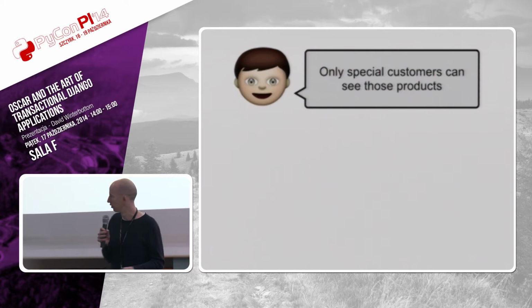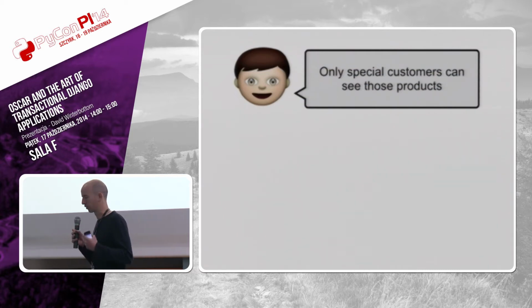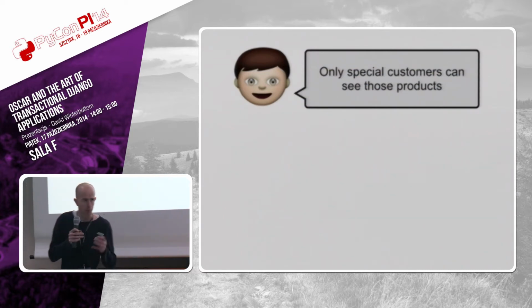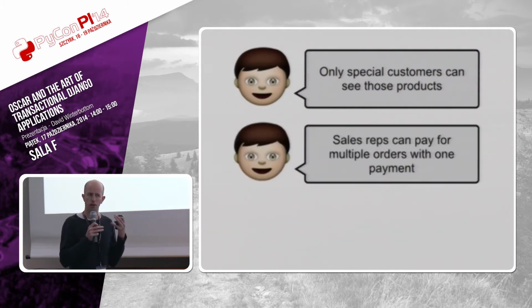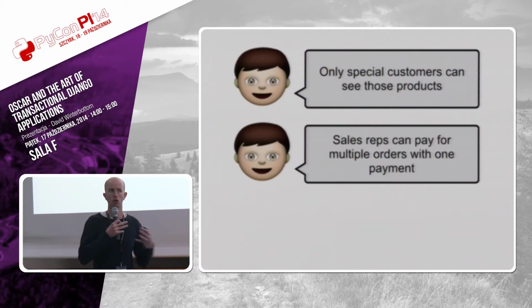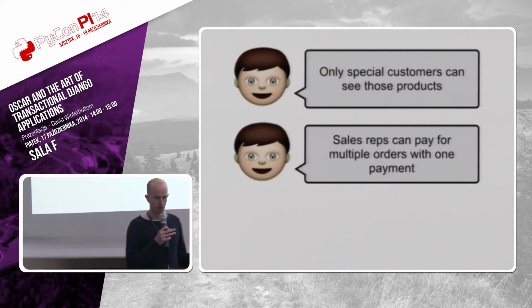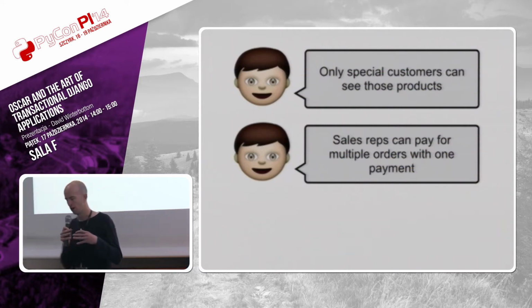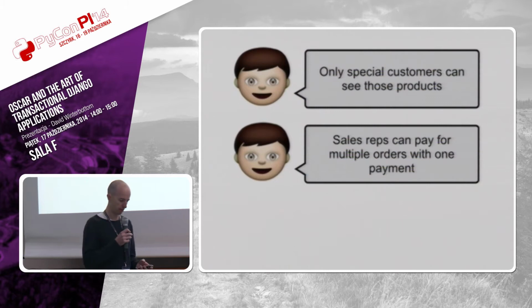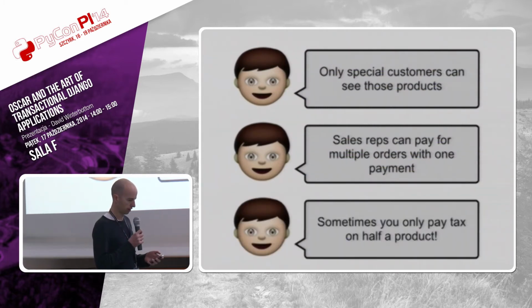So they might ask for specific rules about who can see and do specific things within the site, or especially once you start doing B2B sites where you're not selling to customers directly, it's internal within a business. Then you enter a whole world of different rules about how things interact, and when you have sales reps, they complicate everything because they have very special privileges in terms of what they can do, and they can masquerade as our customers and place orders on their behalf, and it's all got quite tricky.